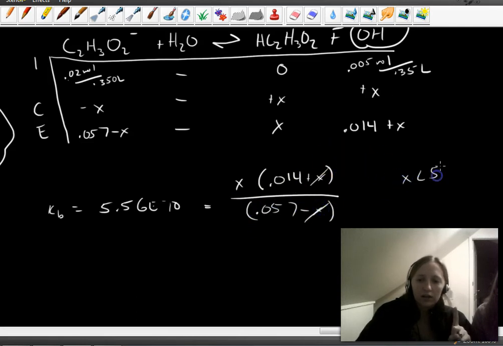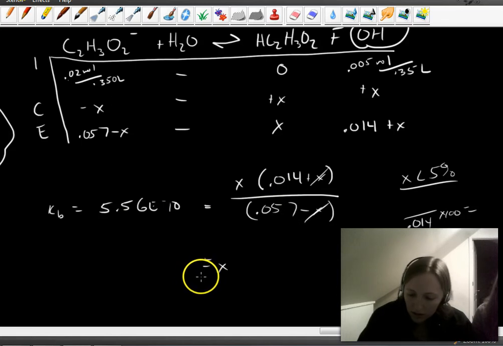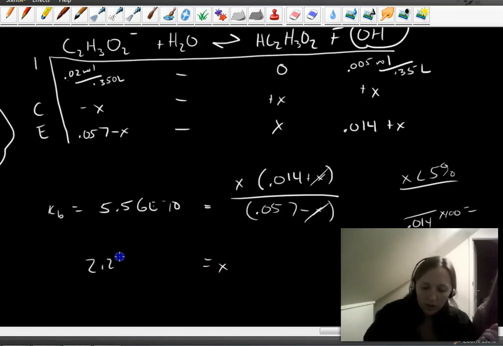We need to check later. And we find that X is 2.2637 e to the negative 9th.